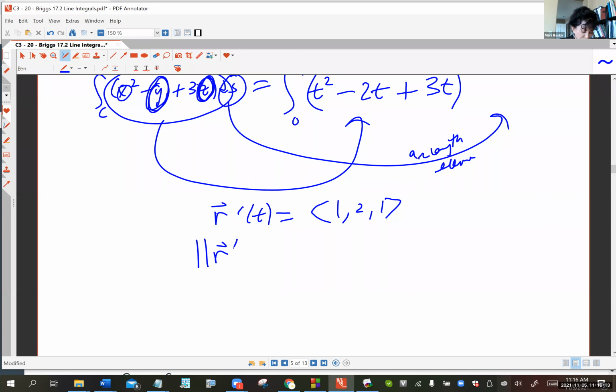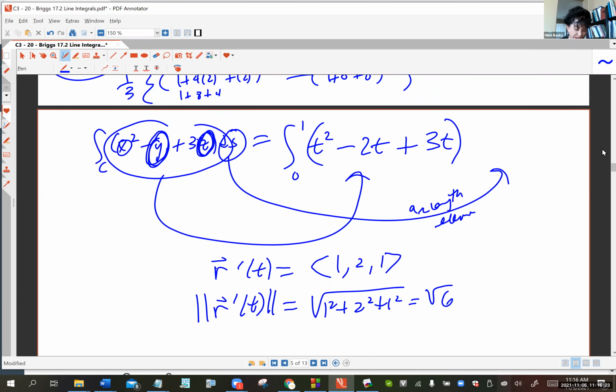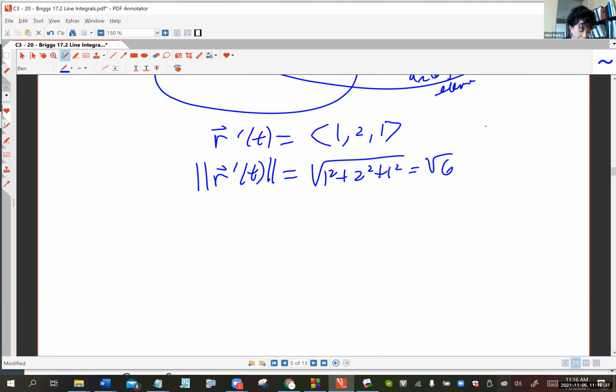And so the magnitude of r prime, which is the square root of the sum of the squares of the components, just turns out to be square root of 6. So the arc length element will become square root of 6 dt. That's kind of nice when your arc length element involves a constant. And this square root of 6 can be pulled out in front.